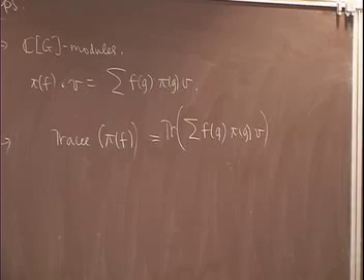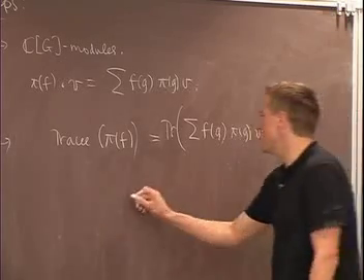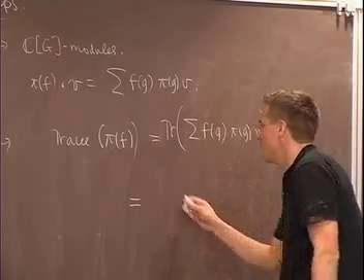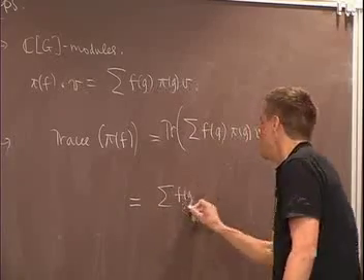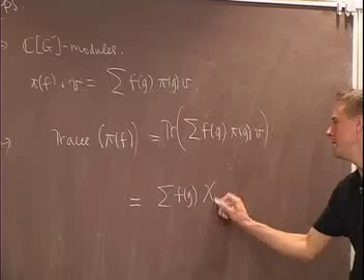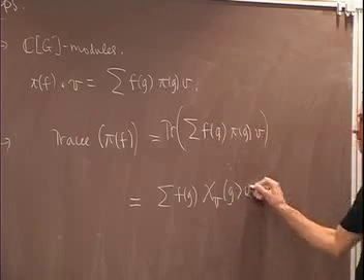And this is stupid. This is an obtuse thing to do, as I said, because in this case trace commutes with the finite sum. And we just have the sum of f of g times the trace of this.